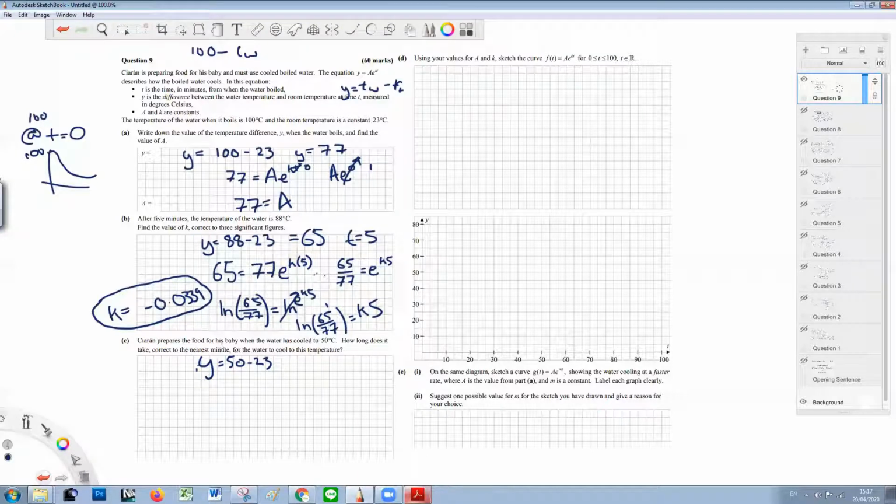So we have a new temperature. It's at 50 degrees, so now we're going to go to 27. So now y is going to be equal to 27.